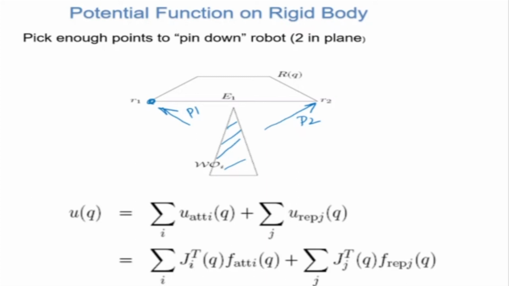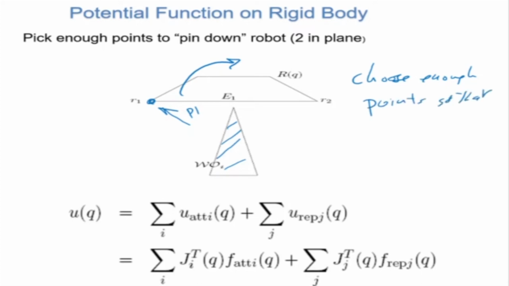Now please note that suppose I say there is only P1, and the robot will tend to rotate like this. What will happen is this part may go and hit the obstacle. So I have to choose enough points so that the robot avoids the obstacle.